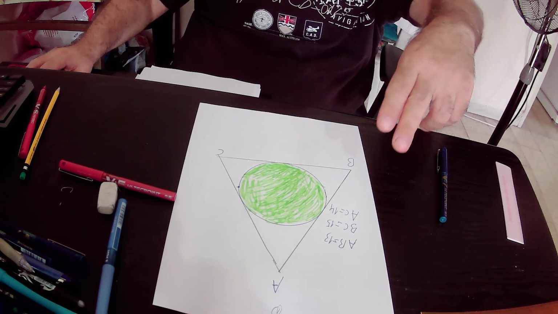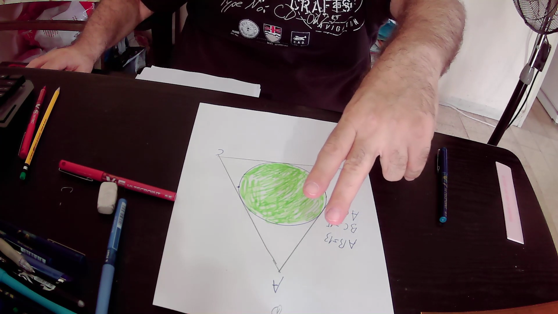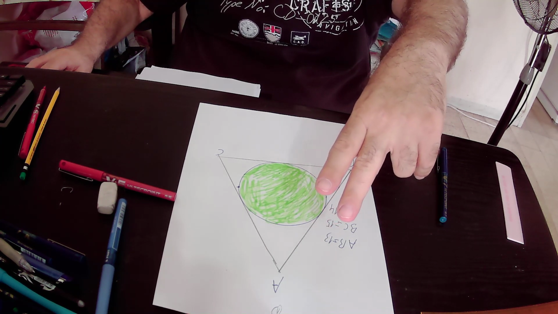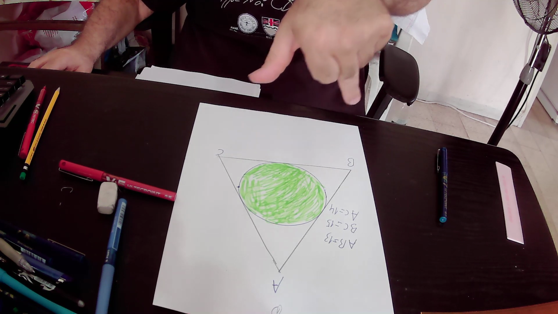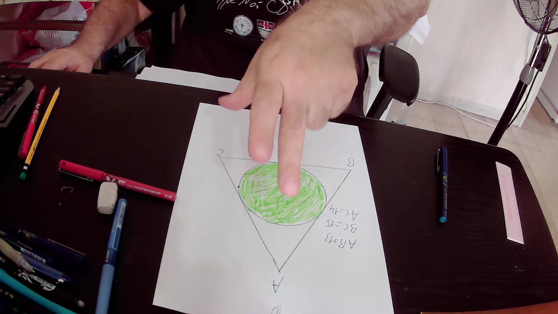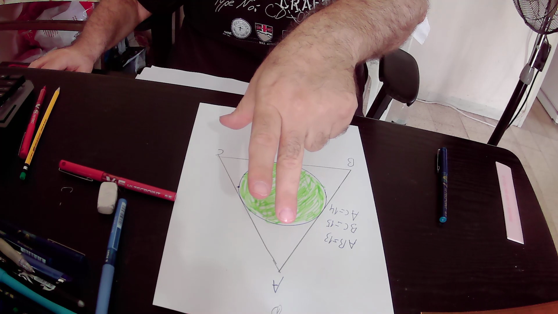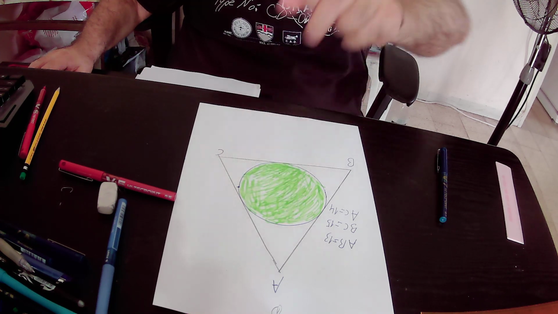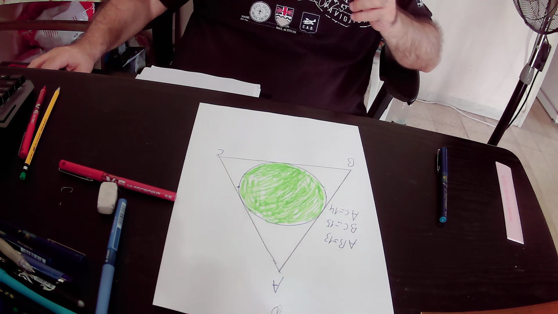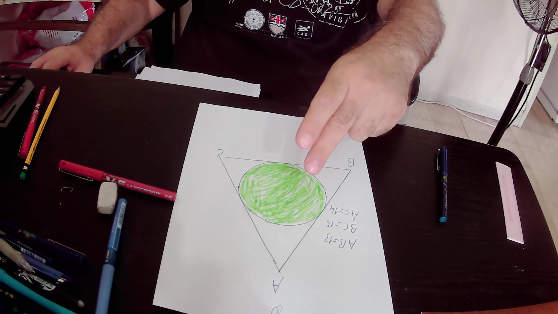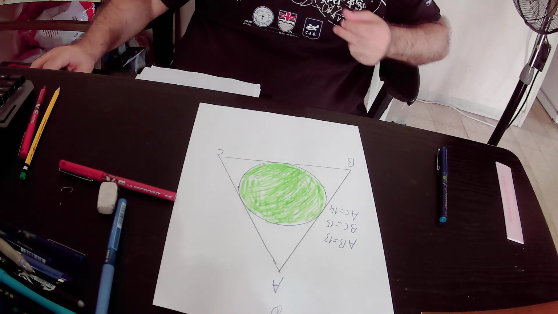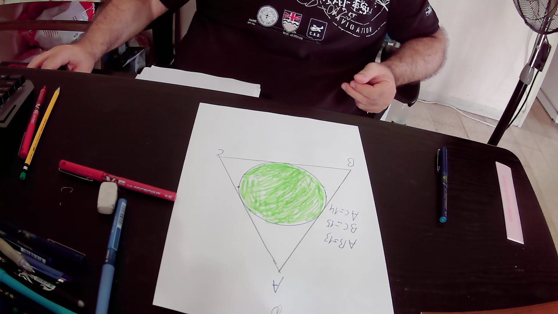We know that side AB equals 13 units, side BC equals 15 units, and side AC equals 14 units, and we want to find the area of the green circle.